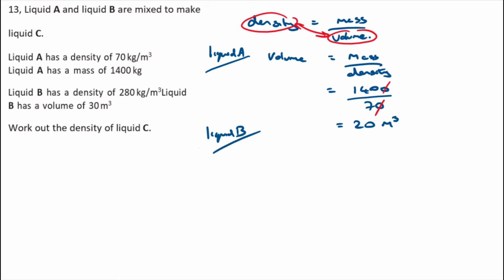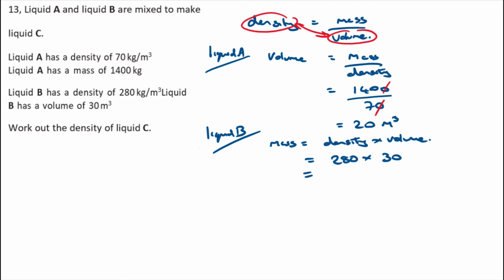I need to work out its mass this time, don't I? So if density equals mass over volume, then mass, rearranging that, is going to be density multiplied by volume. Okay, so the density is 280 and the volume is 30.